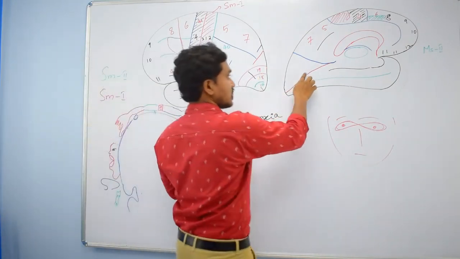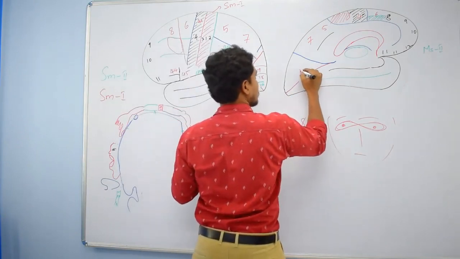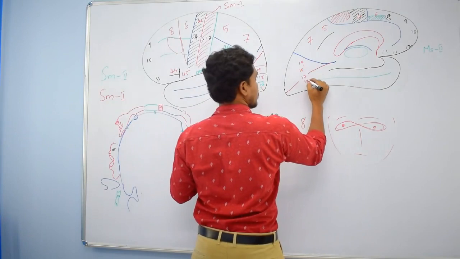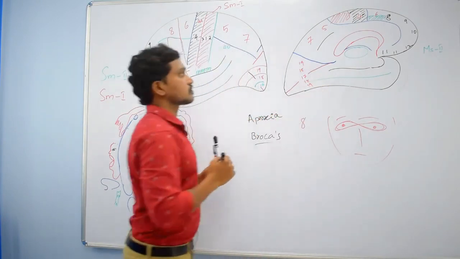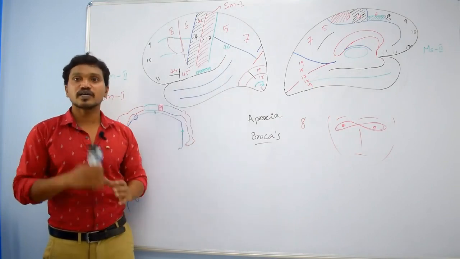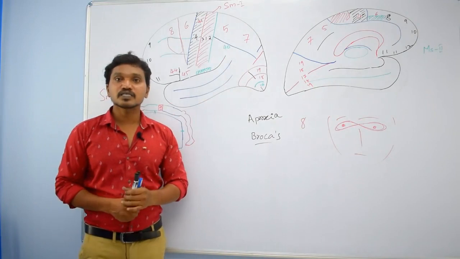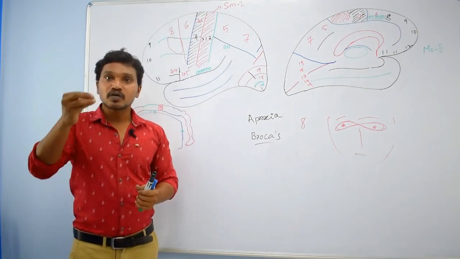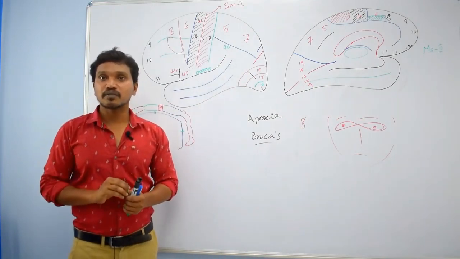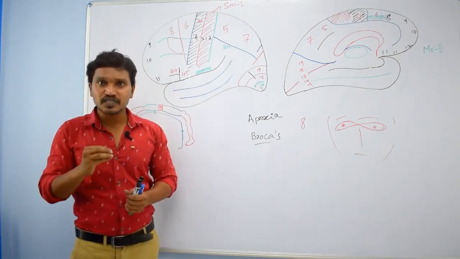So here, if you want to see, here area number 17, here 18, here 19, here 18, here 19. Right? So these are visual areas. First, area number 17 is the primary visual area. What is the function of it?